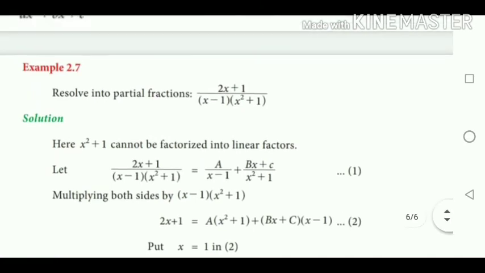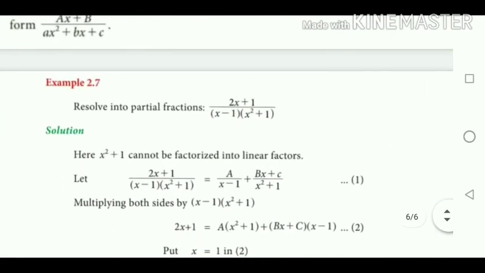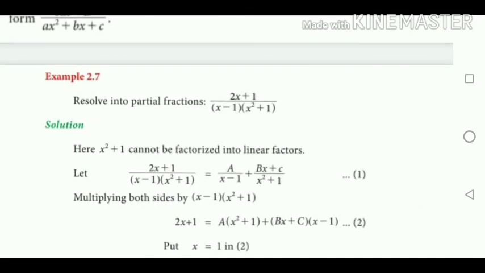But x square plus 1 we cannot divide into linear factors. So x square plus 1 cannot be factorized into linear factors. Therefore take it as A by (x minus 1) plus (Bx plus C) by (x square plus 1).